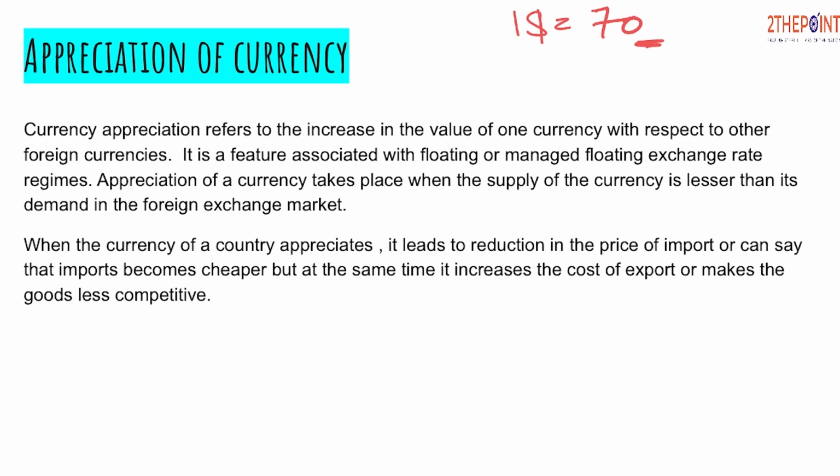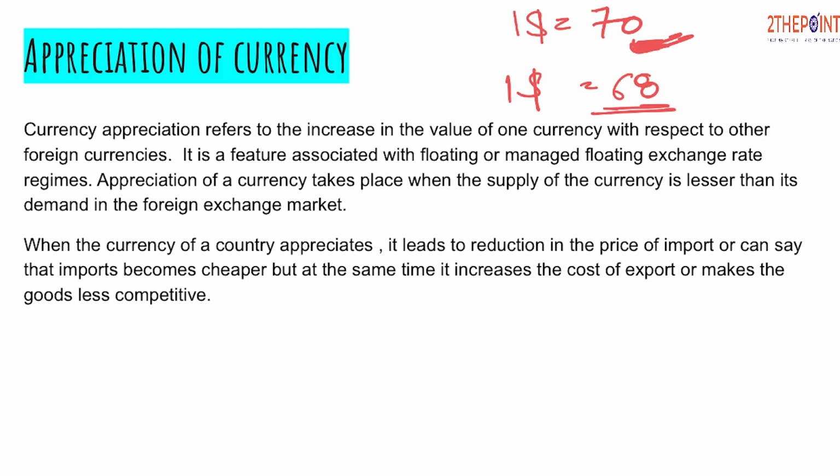Earlier, in order to buy 1 packet of biscuits, you had to spend 70 rupees. Now what if you come to know that you have to spend only 68 rupees to buy that same packet of biscuits? What will be your reaction? You will be happy, because earlier you were spending 70 rupees and now you spend 68.